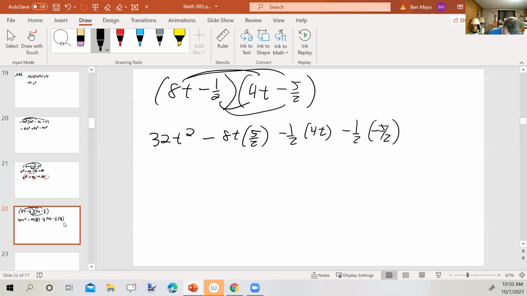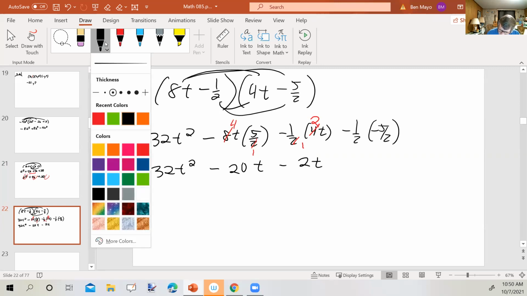All right, so I've got 32t squared. The 8 and the 2 reduce down to 4/1. So minus 4t times 5 is minus 20t. Then minus 1/2 times 4t, the 4/2 reduces to 2/1. So minus 1 times 2 times t is minus 2t. And then minus a half times minus 5 halves.